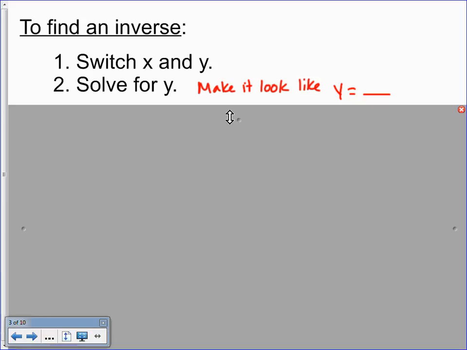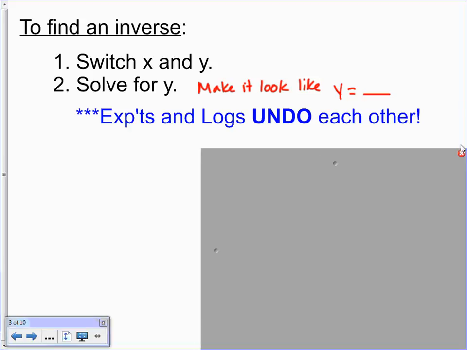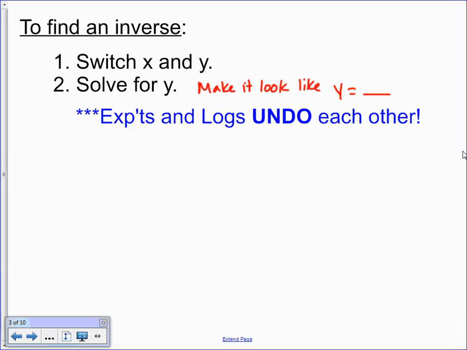So an important piece here, the piece that makes this chapter 6 material, and not the stuff we did in first semester, is exponents and logs undo each other. So a log undoes an exponential expression, and an exponential expression undoes a log.